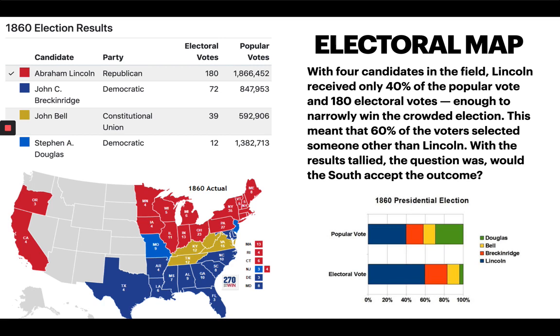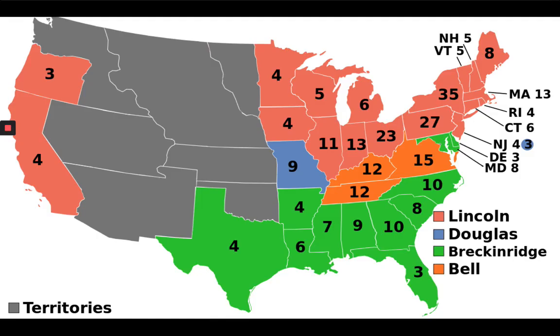So how did Stephen A. Douglas end up with fewer electoral votes? Again, it all comes down to electoral math. Now John Bell won Tennessee, Kentucky, Virginia, those states, and is that it? I thought there was one more.